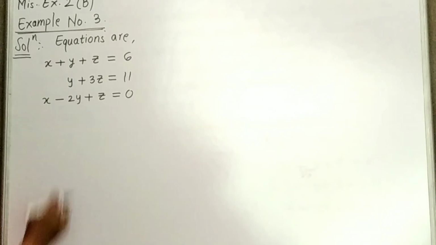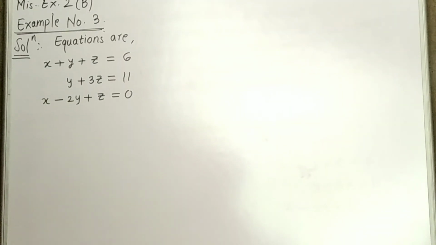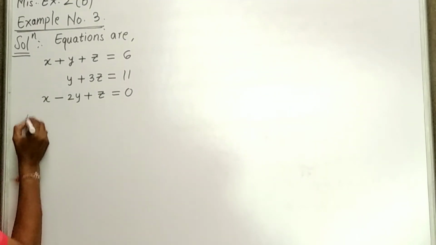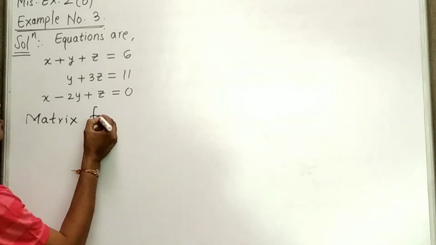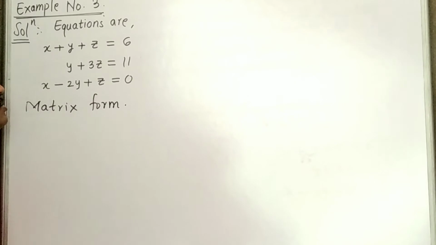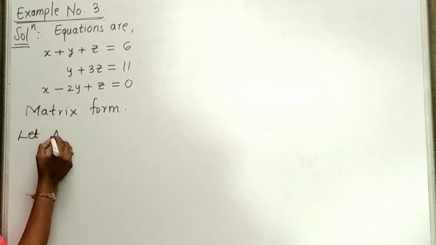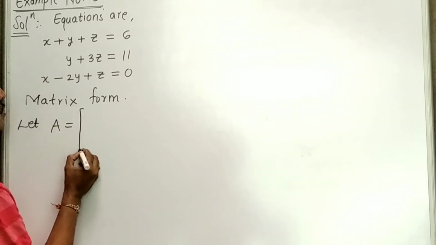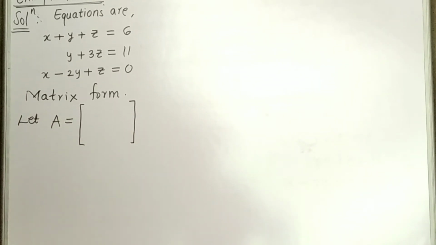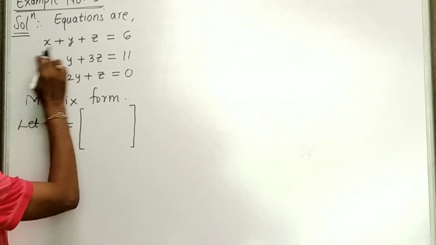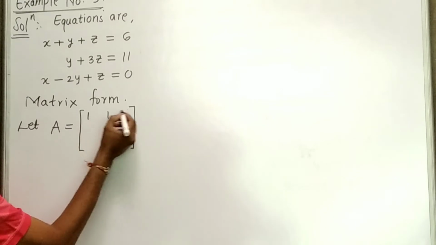First of all we convert these equations into matrix form. So we define a matrix A, which is a 3 by 3 matrix. The first row is the coefficients of x, y, z of the first equation: 1, 1, 1.